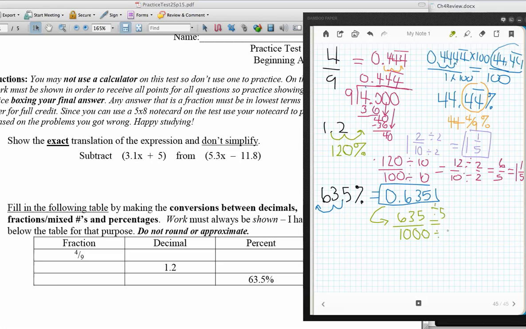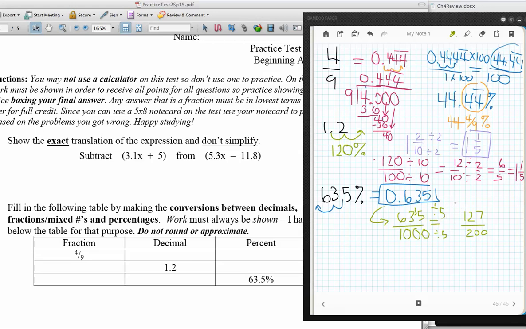And 5 will go into 63 12 times with a 3 left over, so 5 will go into 35 7 times. And then 5 will go into 10 2 times, and 0 0 times, and 0 0 times. So checking it out, 200 times 5, is that 1,000? Yes. And 127 times 5, is that going to give me 635?